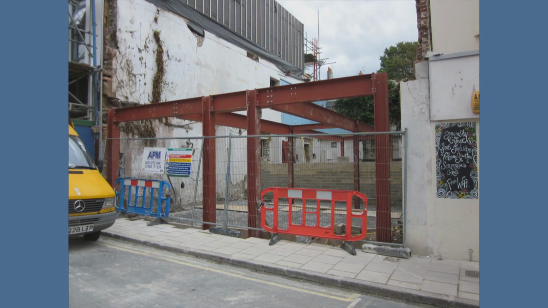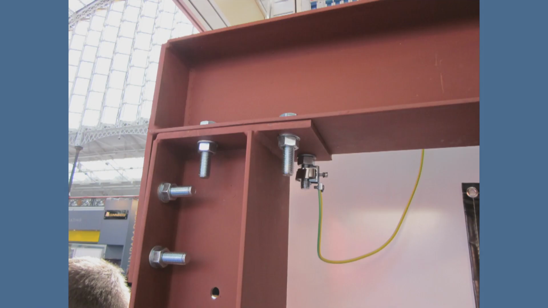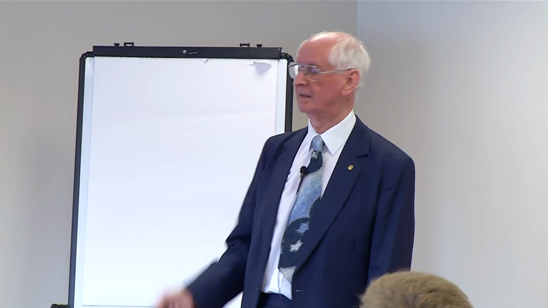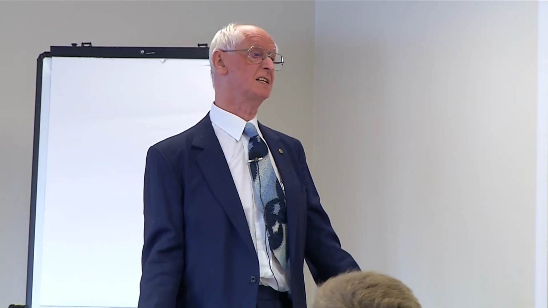This is a nice steel frame going up for a building. Look at the bolts. Now, those bolts are the wrong ones. How do we know they're the wrong ones? Because the thread coming through the nut should be 2 complete turns. This is much, much longer than it should be. Now you say, does it make any difference?